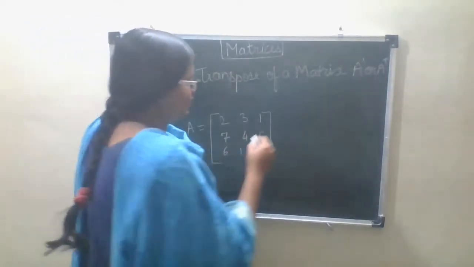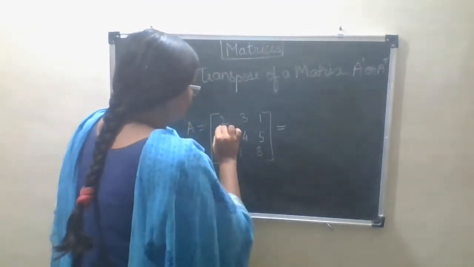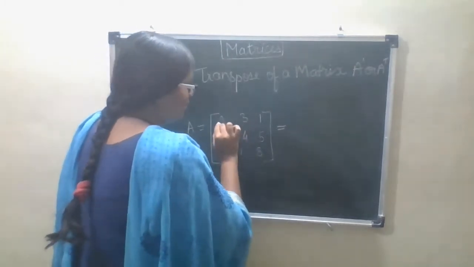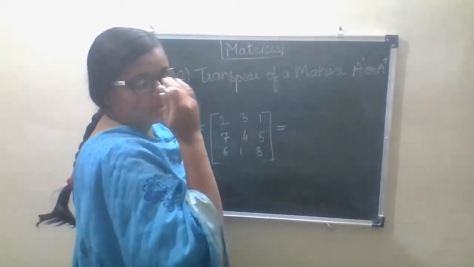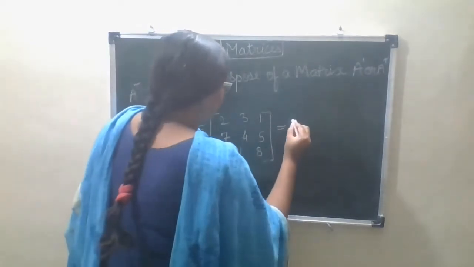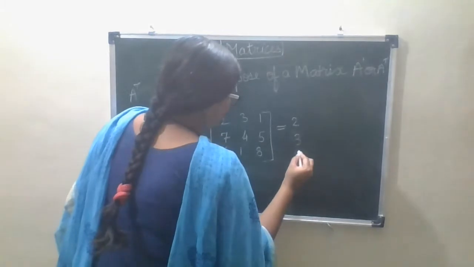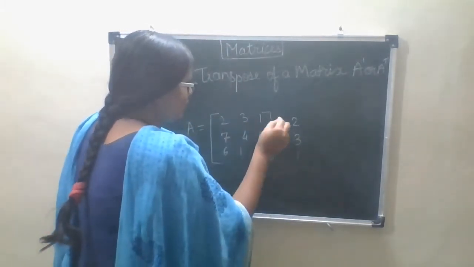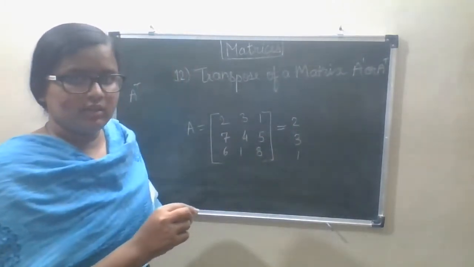How will I transpose this? Now these elements I will interchange. This is a row. I will change this and make it a column. First it was the row 2 3 1, then I make it a column.